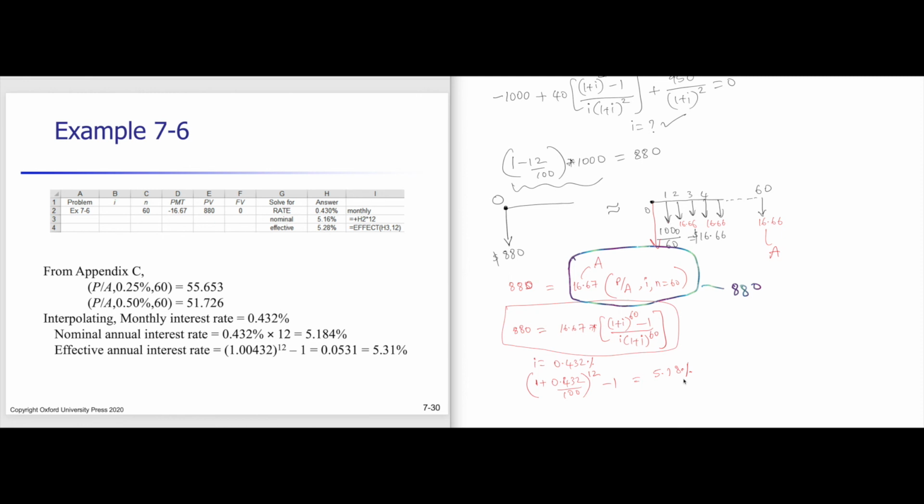This is 0% financing, and we're comparing that with the discount. And we find out that the internal rate of return is 5.18%, to match the discounted price.